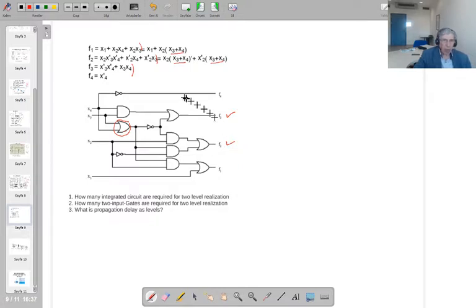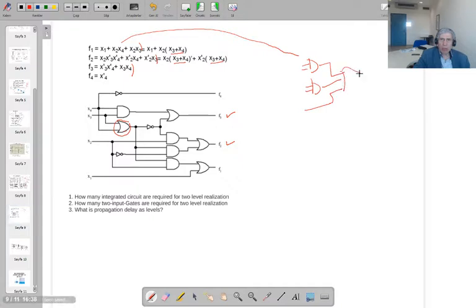So that means if you do the realization without considering this sharing business, you're going to end up with, for this one, two input AND gate, another two input AND gate, and one x1 is going to be connected to an OR gate, get F1.